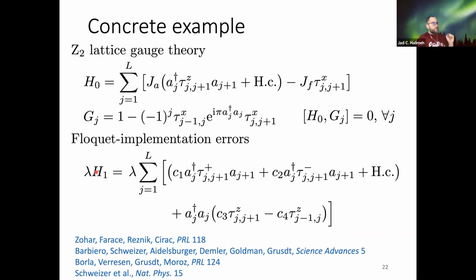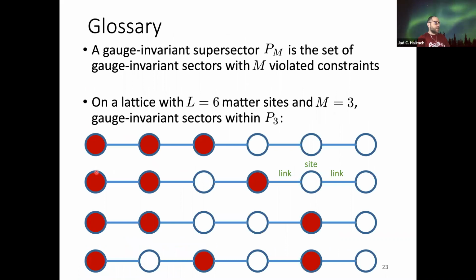Before we continue, I would like to introduce a small glossary. I will be mentioning quite a bit a gauge invariant supersector P_M. So P_M is the projector onto this gauge invariant supersector. But what we mean by this, it's the set of all gauge invariant sectors with M violated local constraints.